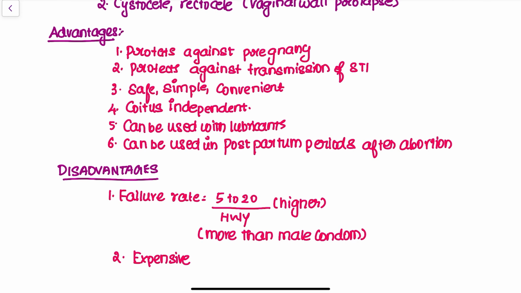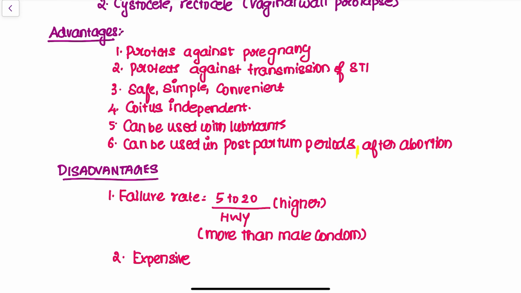And it is coitus independent, as we have discussed earlier. And the most important advantage is that the female condom can be used with lubricants also. It can be used in the postpartum or puerperal period, and also after abortion. So after delivery or after abortion, these condoms can also be used, right?